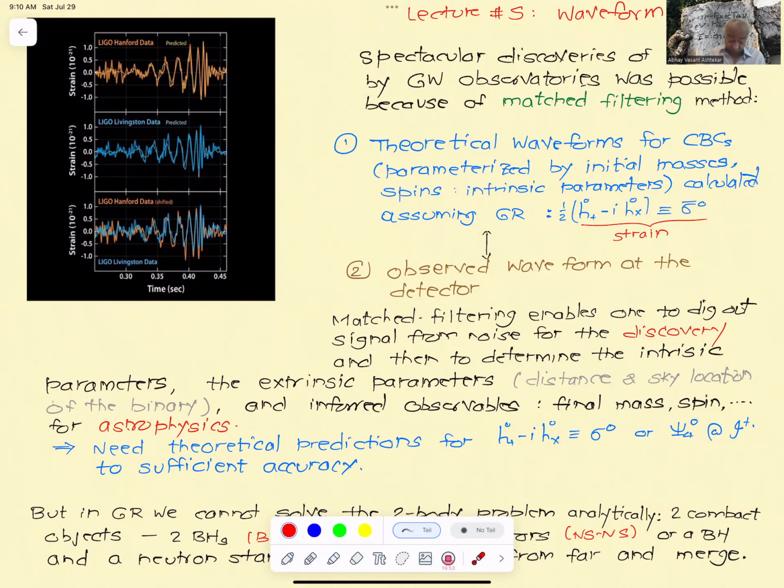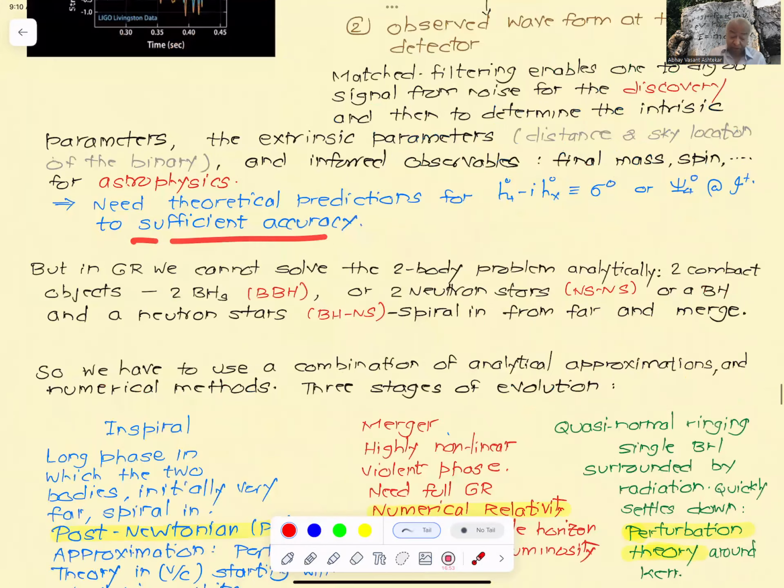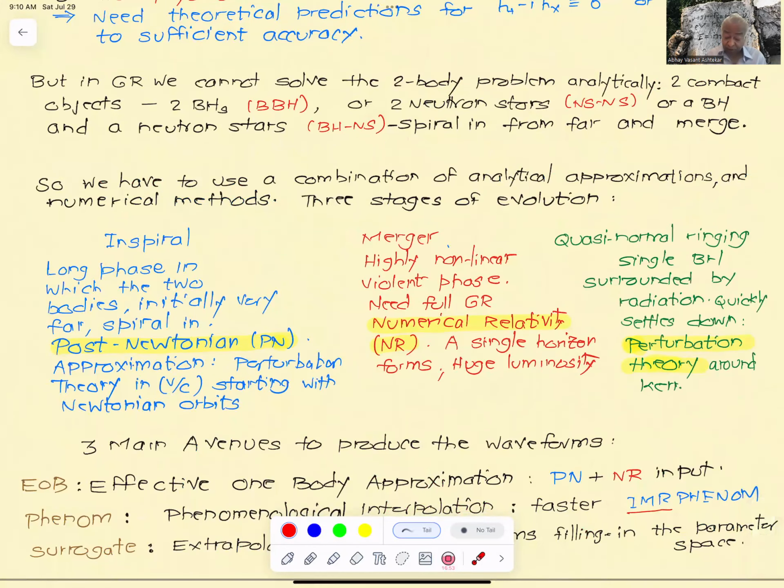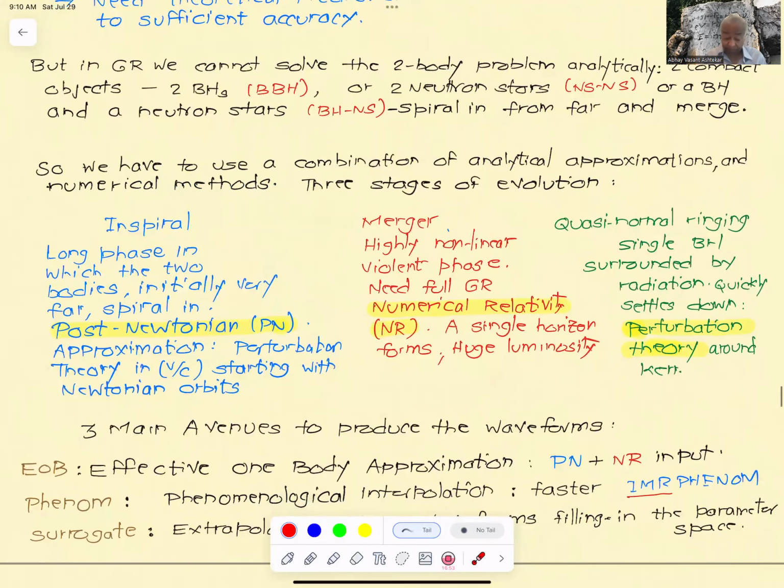Okay. So we need theoretical predictions with sufficient accuracy. But general relativity cannot solve the two-body problem exactly analytically, because I have two compact objects, such as two black holes, or two neutron stars, or a black hole and a neutron star. They inspiral from far away and then they merge.